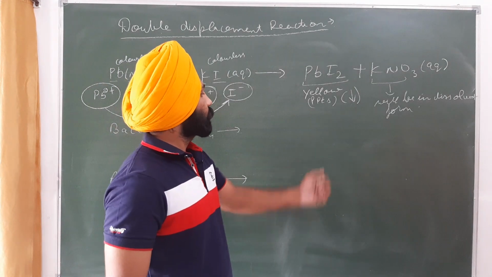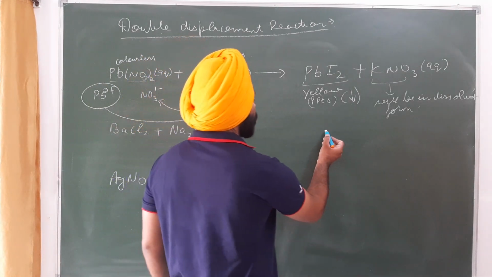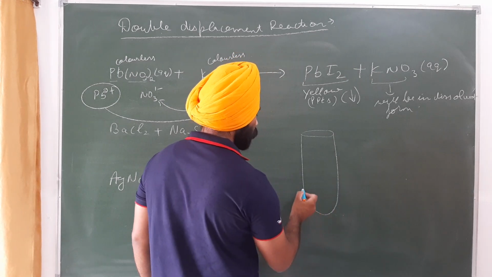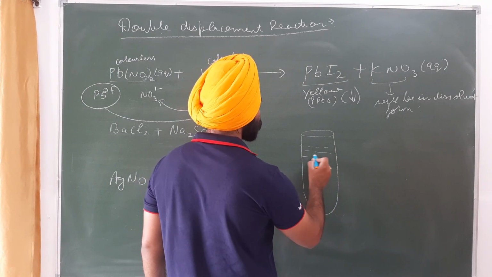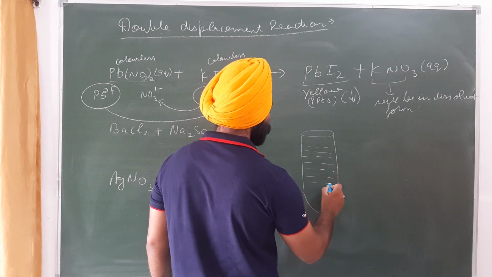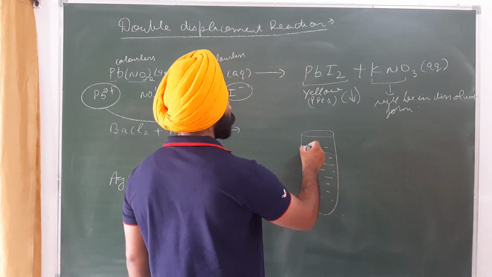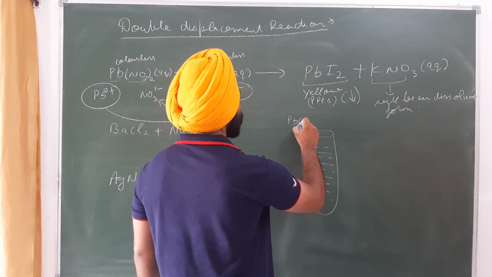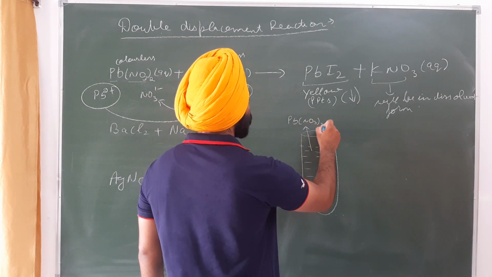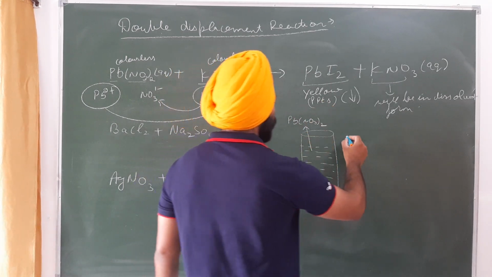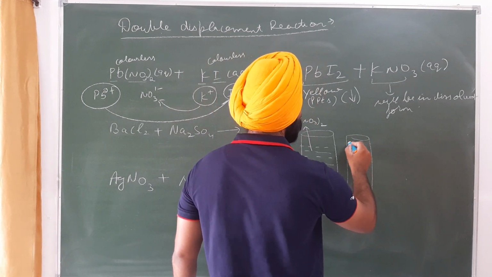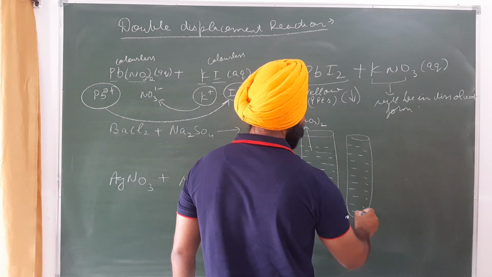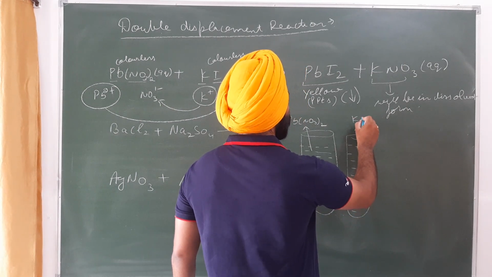So students, if we take this reaction in two separate test tubes, let us suppose this is a solution of Pb(NO3)2, and this is the solution of KI.